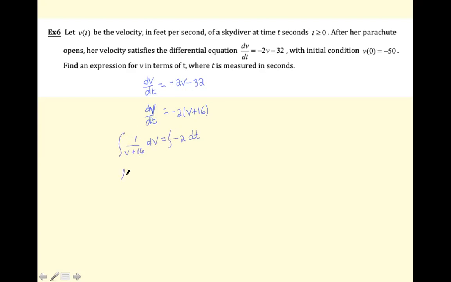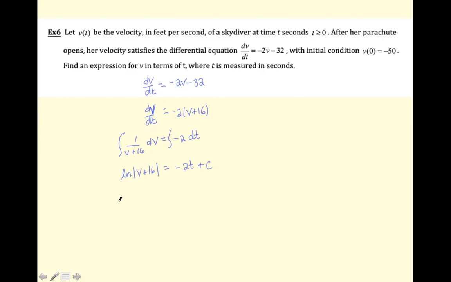We have ln absolute value of v plus 16 is equal to negative 2t plus c. All right, let's put in our initial condition. We know when t is 0, v of t is negative 50.